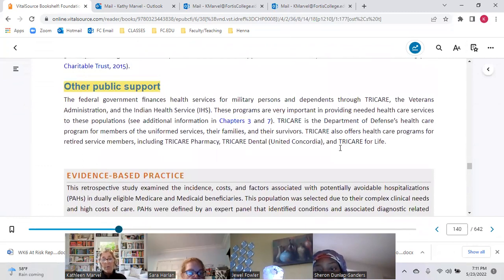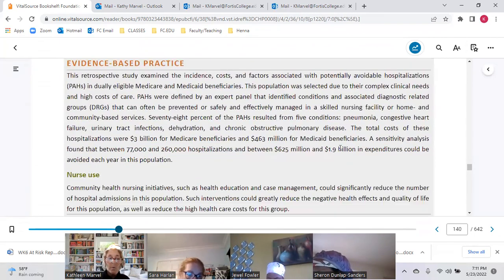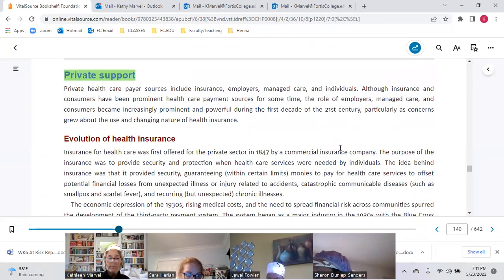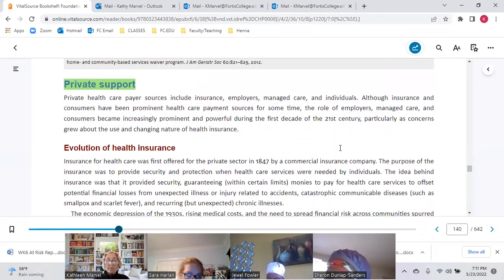Okay, and then another source of how we pay for it is TRICARE. Right? If you're in the military, you know what TRICARE is. It's either the health services for military through TRICARE or the VA. Okay, and then you have your private health insurances that you typically get through your employers, or you can purchase them through co-ops.